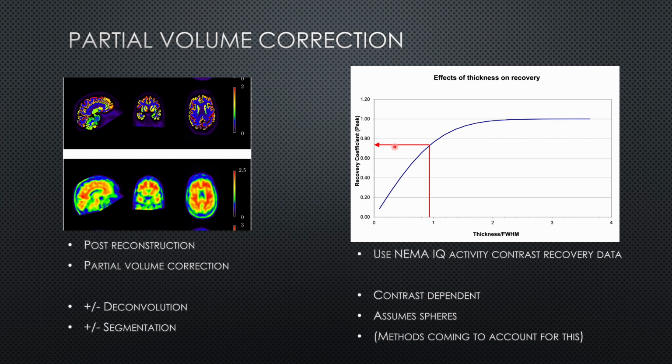But as we've mentioned before, these curves are contrast dependent and position dependent in SPECT as well, which is an extra challenge. And we assume that the area of interest in the clinical image is a sphere, which is not always the case. But there are other methods coming to help us better correct for partial volume effects in SPECT.